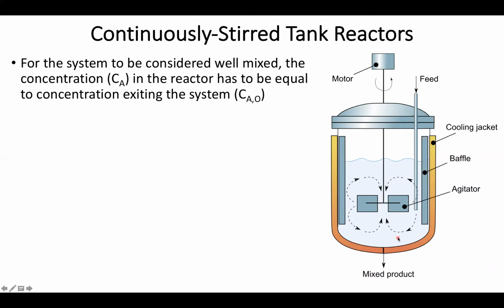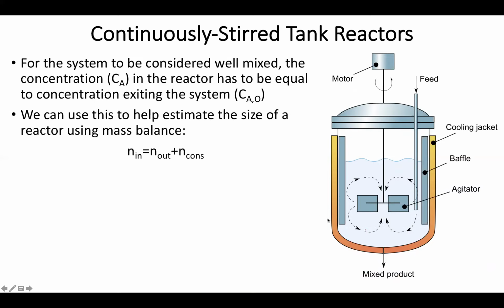And so we can use some mass balances to help describe the system. So essentially, what we can do is rely on the fact that the moles of reactant I'm feeding in have to be equal to the moles of the reactant coming out and the amount being consumed. So let's say I've got a first order reaction.